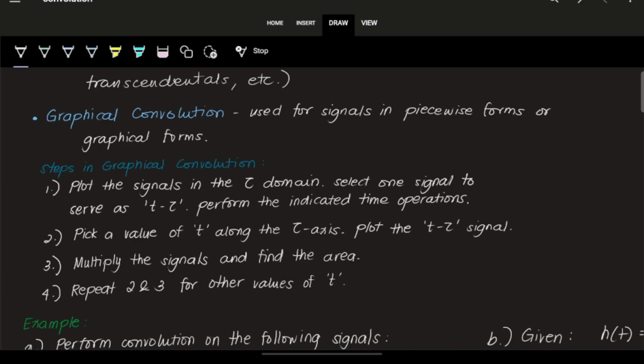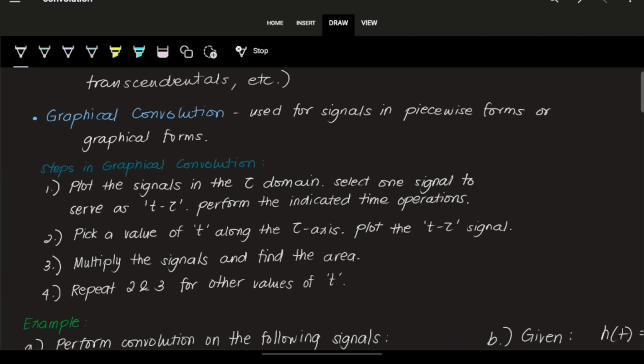Select one signal to serve as your t minus tau, which in the convolution integral is the h of t minus tau. Either the first signal or the second signal, wala namang problema, because based on the properties of convolution, remember that convolution is commutative. So pwede natin pagpalitan kung sino yung mag-a-adapt ng t minus tau.